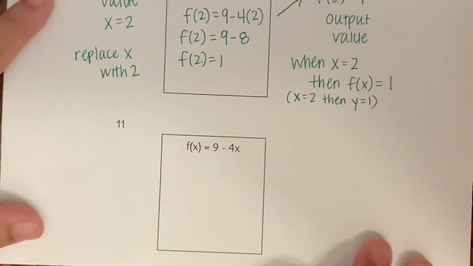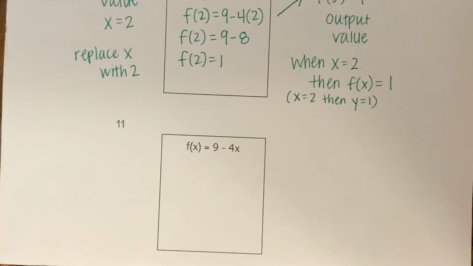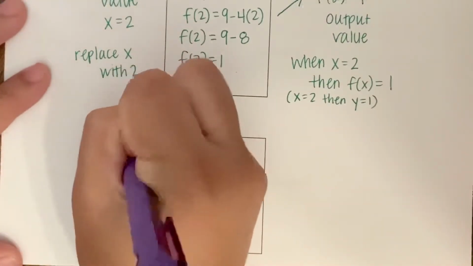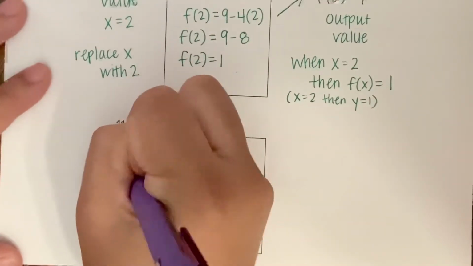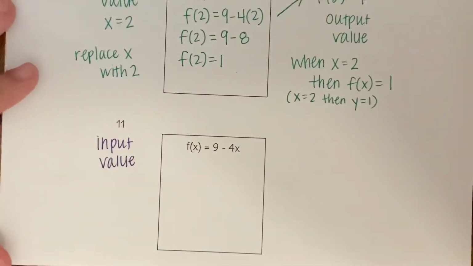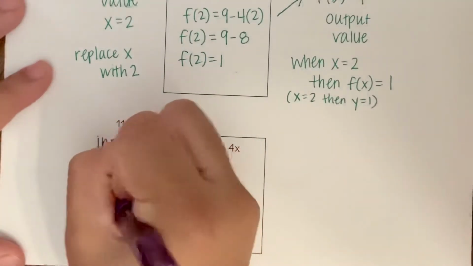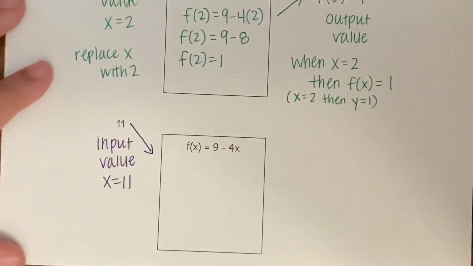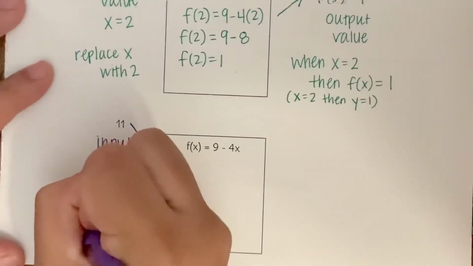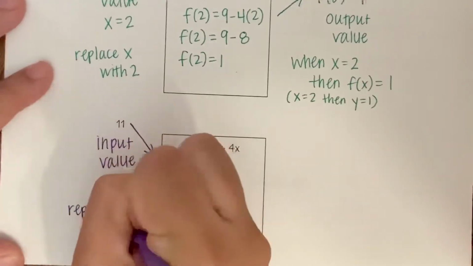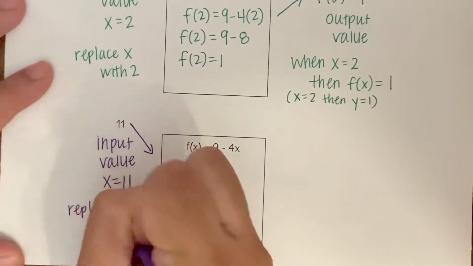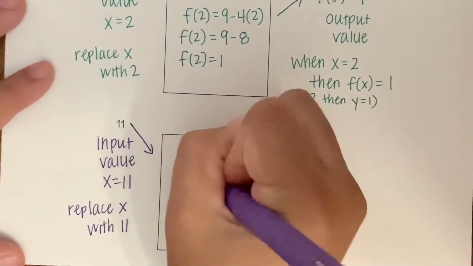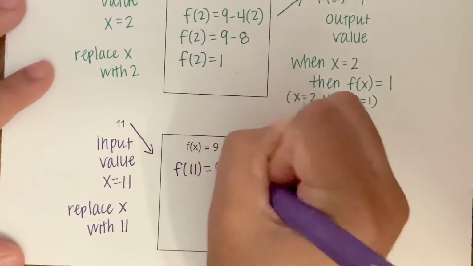Now let's say I want to change my input value. So instead of using 2, I'm going to change my input value to 11 now. And then because I'm changing my input value, that's going to affect what my output value becomes. So here x is equal to 11. I'm going to input that into my function. And what that means is just replacing x with 11. So my function is going to become f of 11 is equal to 9 minus 4.